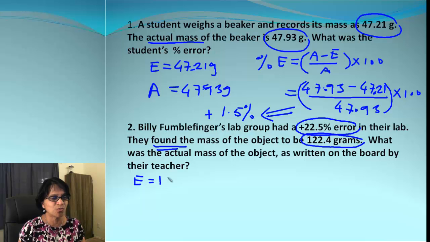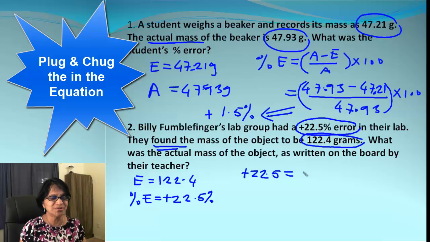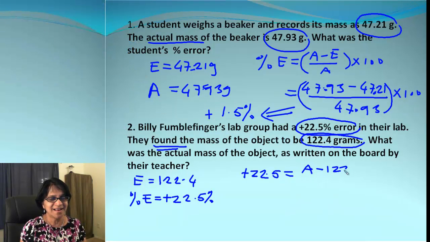So E is 122.4 and we already have percent error given as positive 22.5%. So when we plug the values, we get an equation like this, equal to, we don't know the actual value, so let's put A there, and that's A minus your experimental value divided by A, and that times 100.